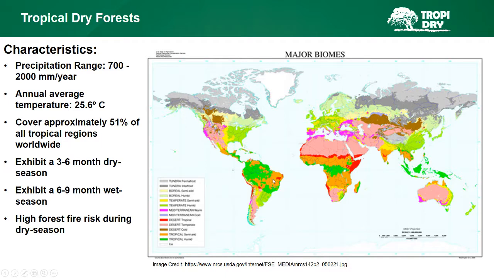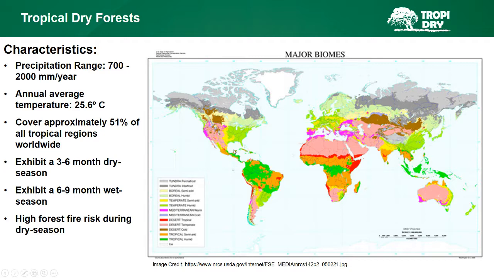The tropical dry forests do occupy about 51% of the total tropical regions worldwide. As you can see, even here in India, Southeast Asia, Northern Australia, they occupy quite a lot of land compared to the tropical humid forests or tropical rainforests. And they actually occupy 42% of the total tropical vegetation worldwide.